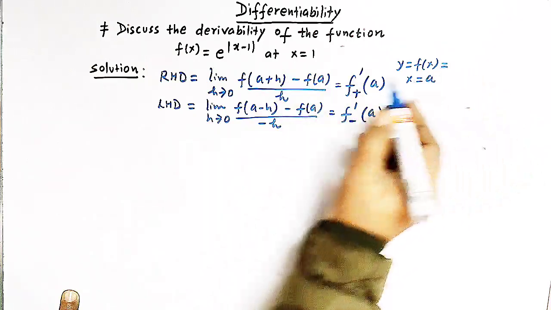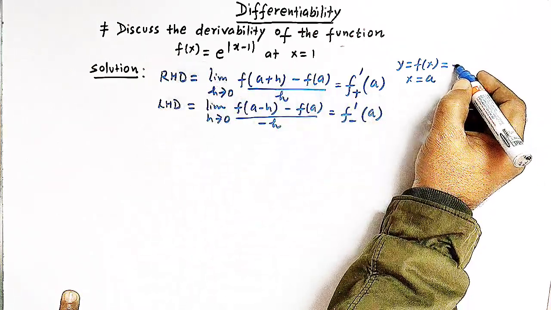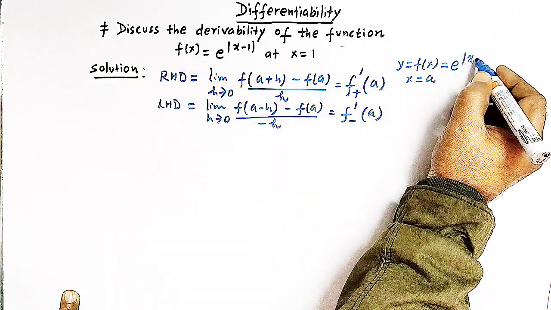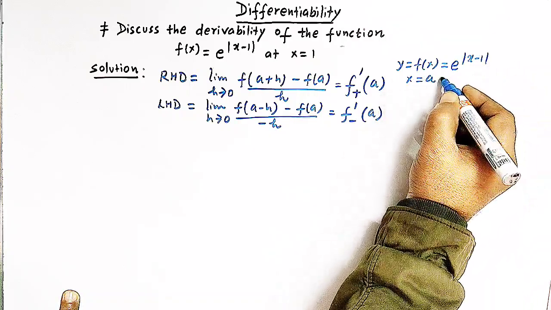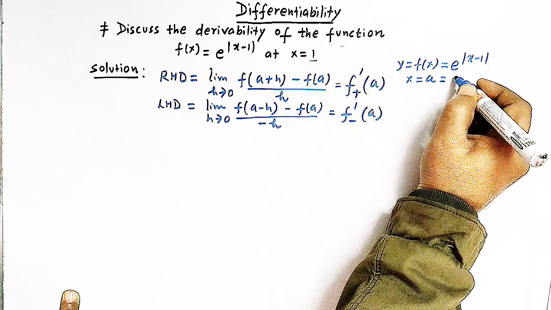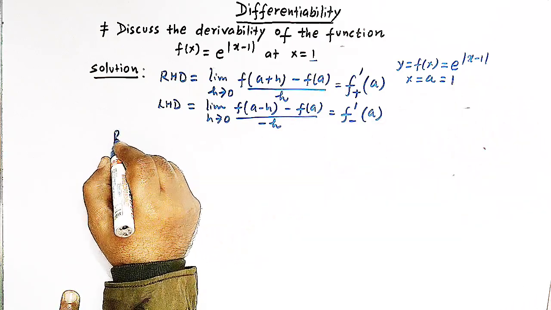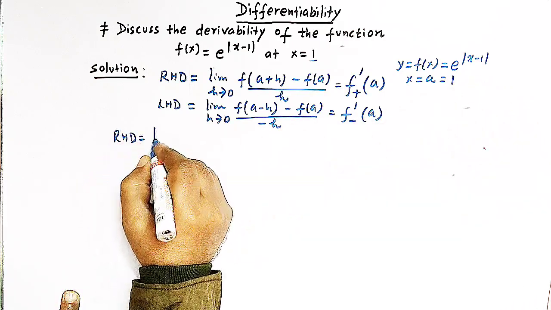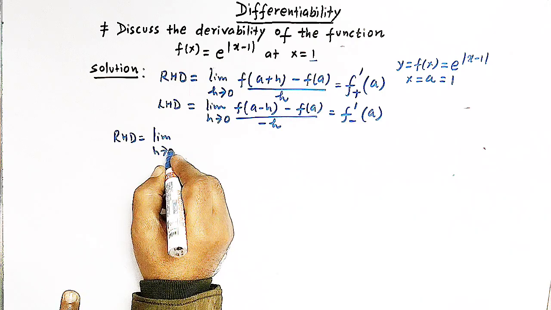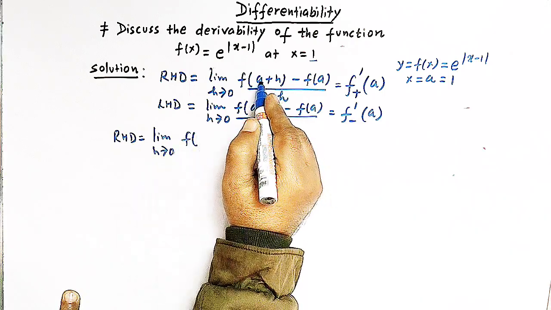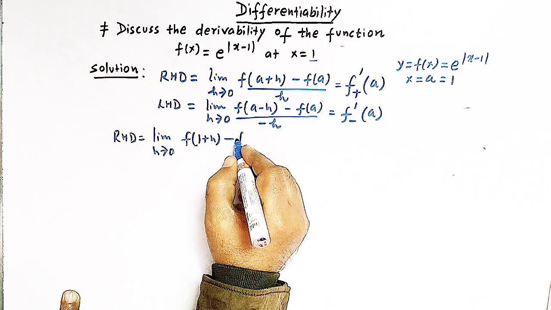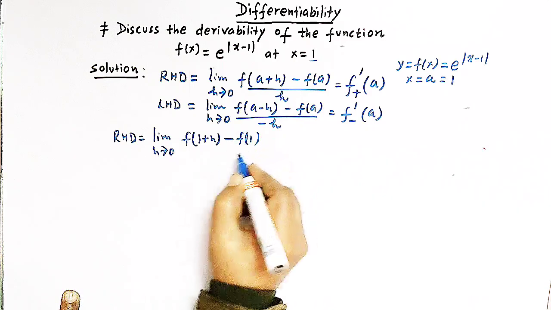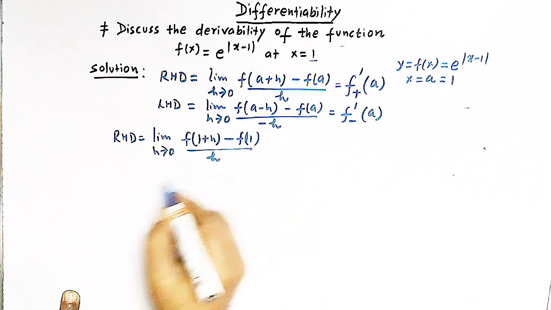So here the function is given as e raised to mod of x minus 1, and the point a is given as 1. So the right hand derivative is given by limit h tends to 0, and we have f of 1 plus h minus f of 1, over h.